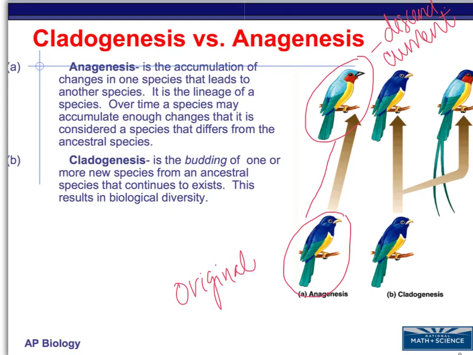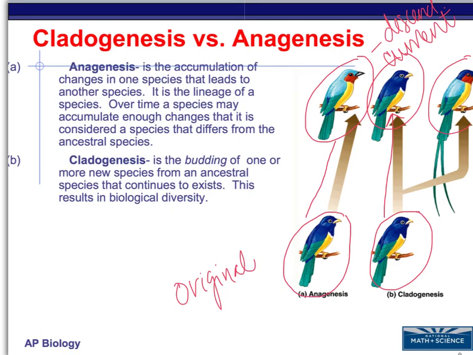But then there's this other term called cladogenesis, where we have what we call budding off, where more than one new species can be formed from one ancestral species. So we again started off as this bird, our original or ancestral species. That ancestral species continues to exist, but along the way, a different species originated.